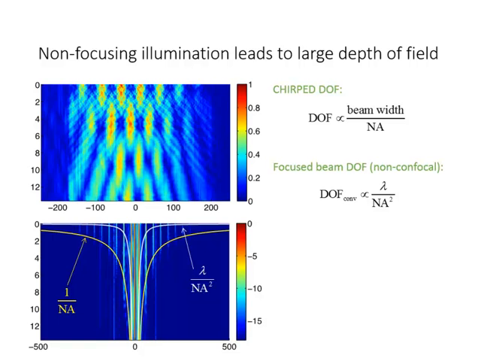The defocus in this case goes like the inverse of the numerical aperture, whereas for a focused beam, you would expect it to fall off as the inverse of the square of the numerical aperture. So you can see we're able to penetrate quite deeply with some of these low spatial frequencies, although we do, as you can tell, start to lose some resolution as things blur out as we propagate further away from the plane.